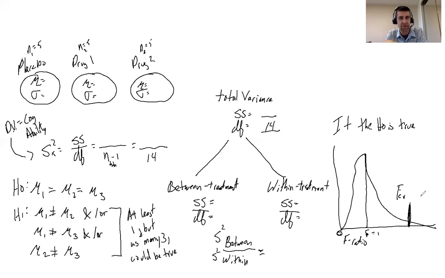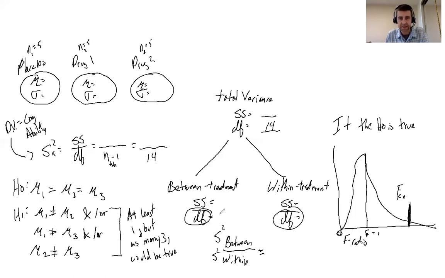It's going to need the two different sources of the degrees of freedom, right? So I need to know what the degrees of freedom are between the source and the degrees of freedom within the source. Now I'm going to tell you what they are so we can look them up, and then we're going to explain why they're that way in a little bit.